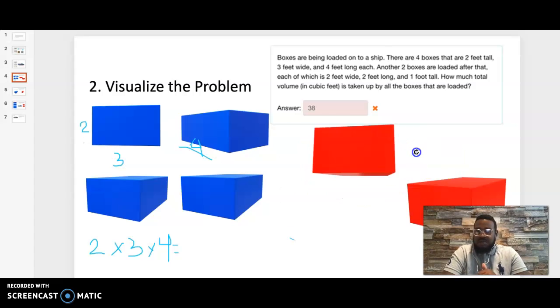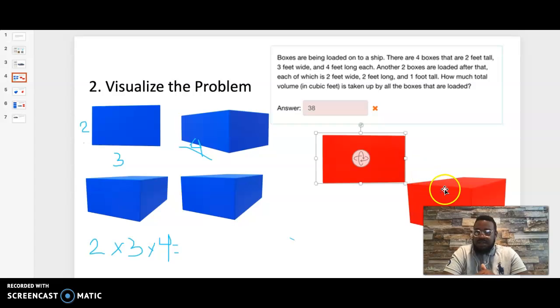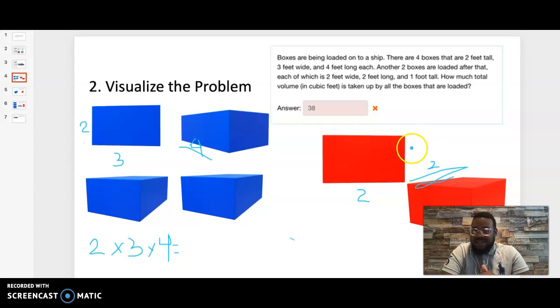So we're going to look at this shape here again, where the front end is 2 feet wide, and it's 2 feet long. So that's this length here on this box, and the height is going to be 1.